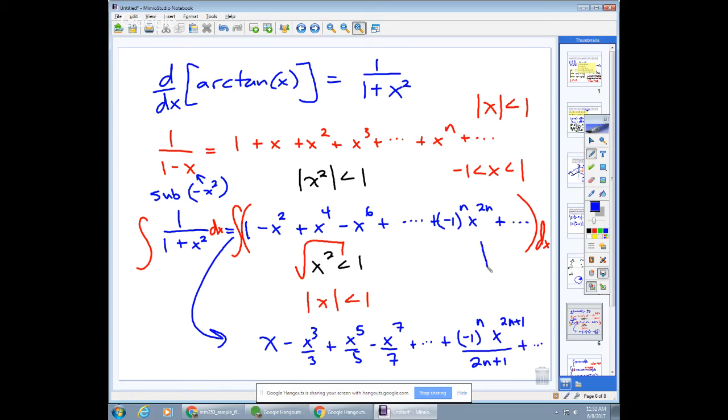Based on this nth term, what is n starting with? 0, correct. If I plug in 0 here, that gives me the first power. If I plug in 1 here, that'll give me the third power, and so on. Just a note, n is going from 0 to infinity for this series.